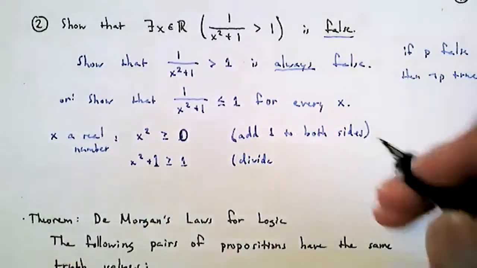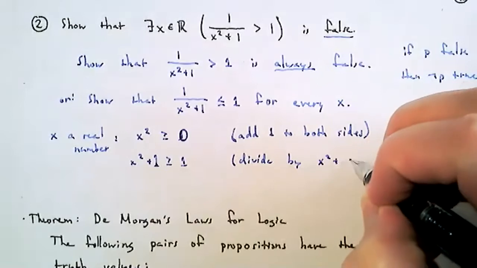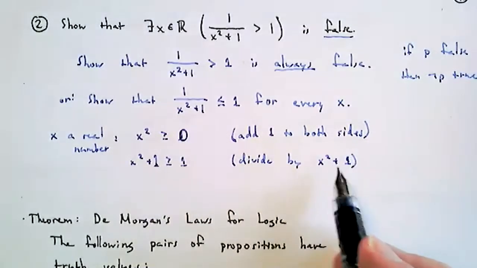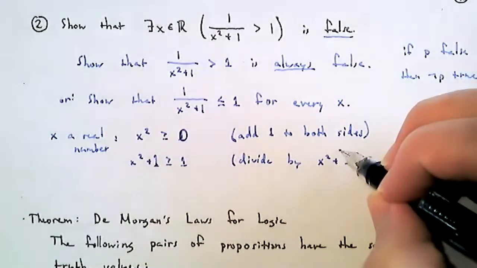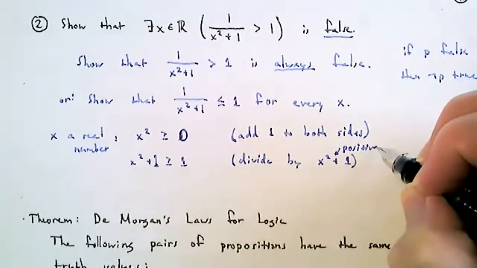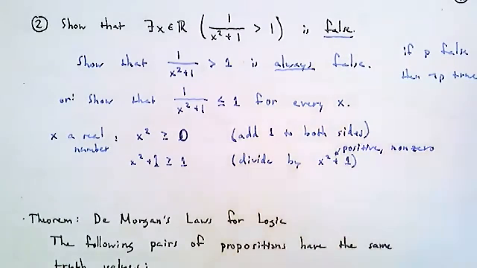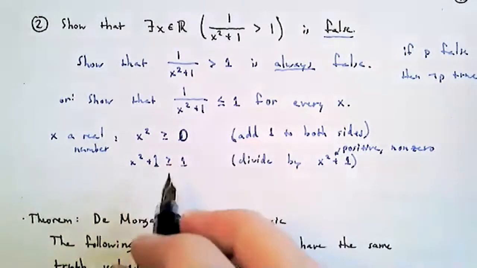I'm going to divide by the left side, x squared plus 1. That's definitely positive, and it's definitely not 0. So that's allowed. What do you get?